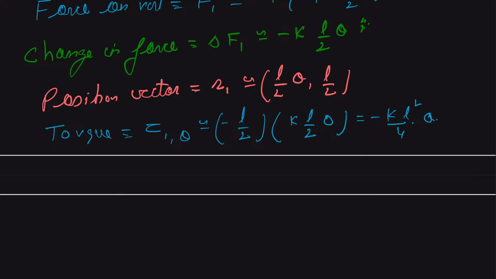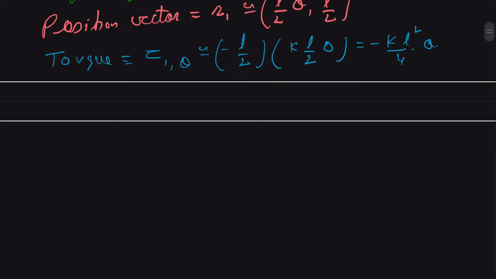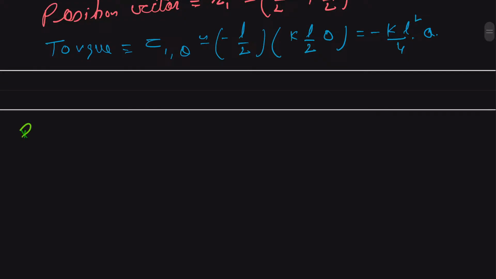Now the same analysis we can make for our top spring also. The top spring is at the distance of y equal to L, and it is pulling right.